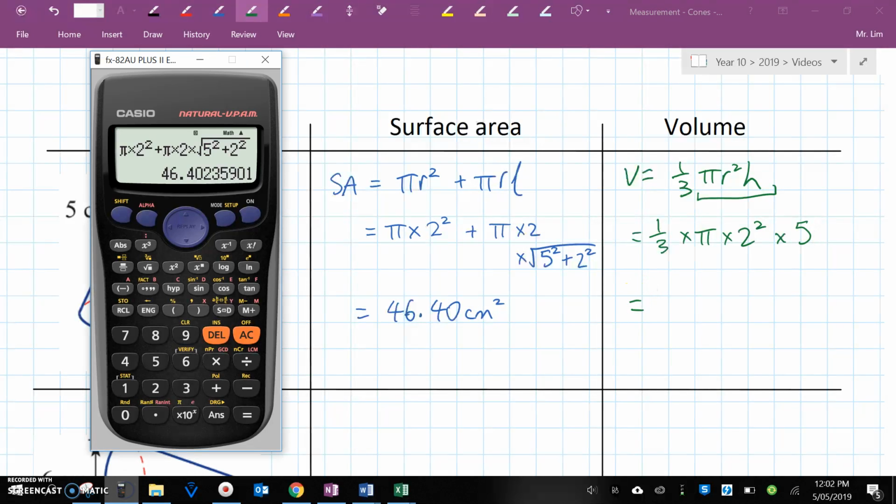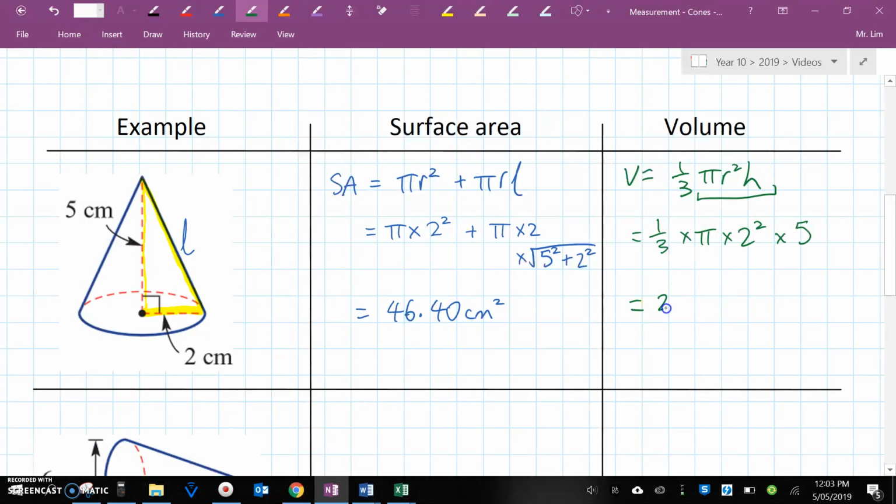Put in our calculators. 1/3 times pi times 2 squared times 5 is 20.94 centimeters cubed. These are all to 2 decimal places.